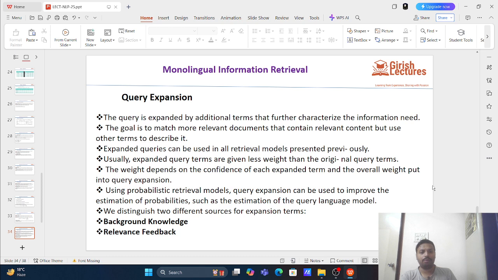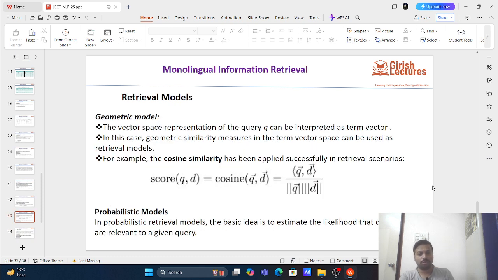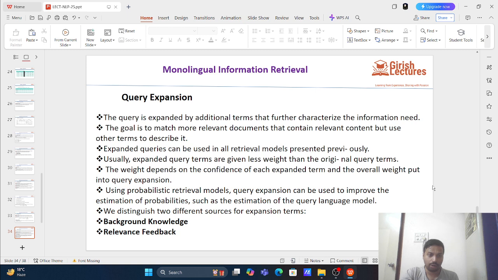When coming to probabilistic models, they identify maximum likelihood values from your documents. We can also provide useful information with query expansion, which tells you how to add some additional terms if required, and words like what, where, who, that.